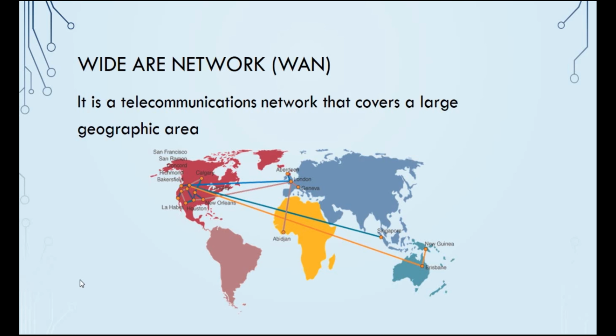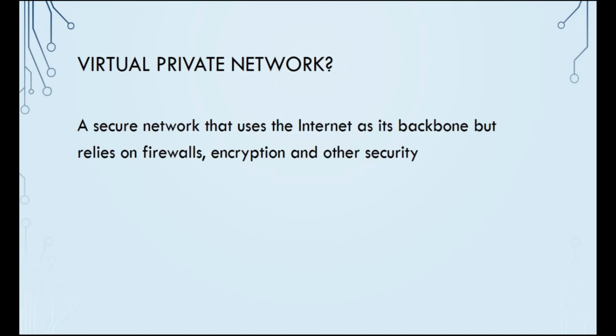Wide Area Network, or WAN. It is a telecommunication network that covers a large geographic area. It spans an unrestricted geographic area, but a WAN is expensive. Virtual Private Network: a secure network that uses the internet as its backbone but relies on firewalls, encryption, and other security.